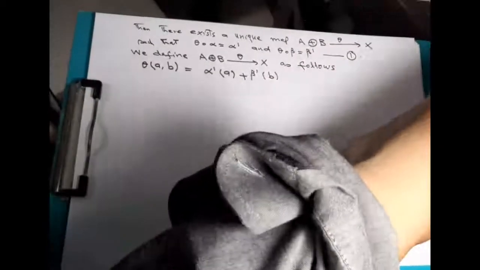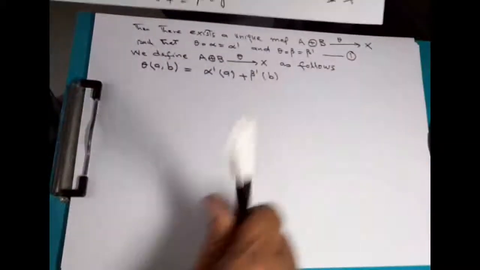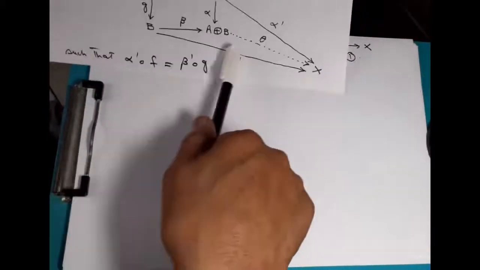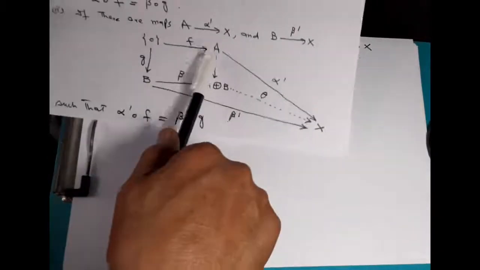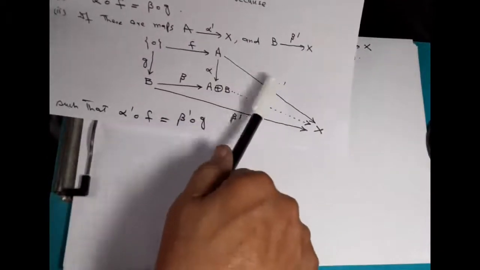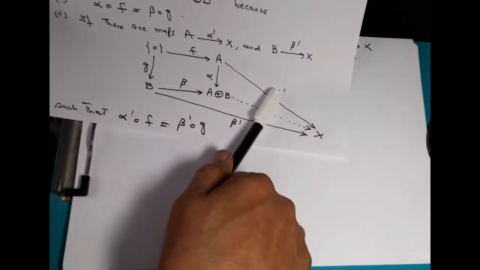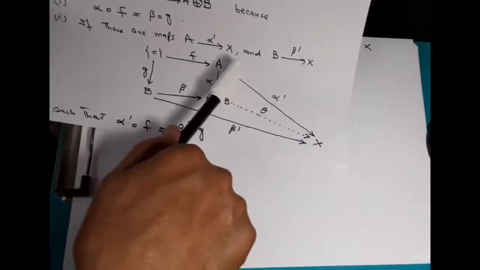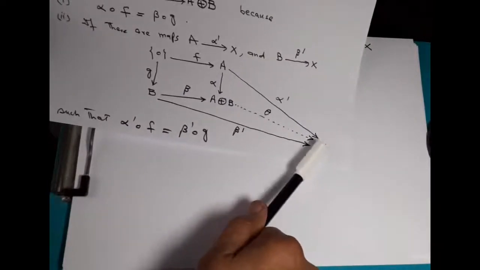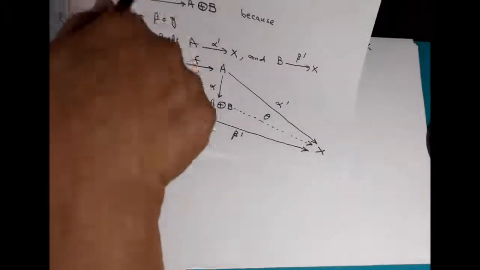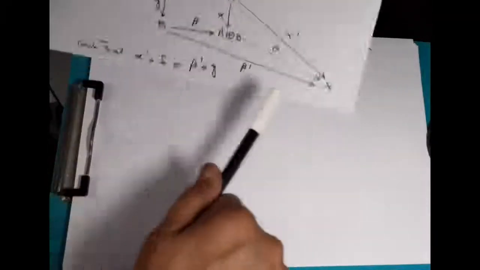Let me show you what we are saying. The ordered pair (a, b) is an element of this direct sum, and a is an element of A. So you just take the effect of this group homomorphism alpha dash on a. This will be an element of X, and X is an abelian group, in this category of abelian groups.